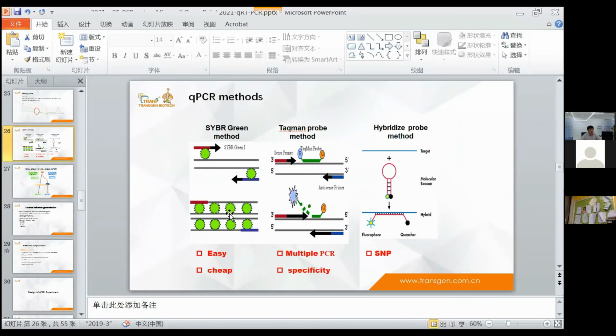So the signal will fall when the temperature goes higher and higher, and that's why a melting curve exists. But when we do the PCR with TaqMan, the exonuclease activity of the polymerase will destroy the TaqMan probe, just to release the signal. So there's no way to do the melting curve in this system. The melting curve is just for SYBR Green systems.